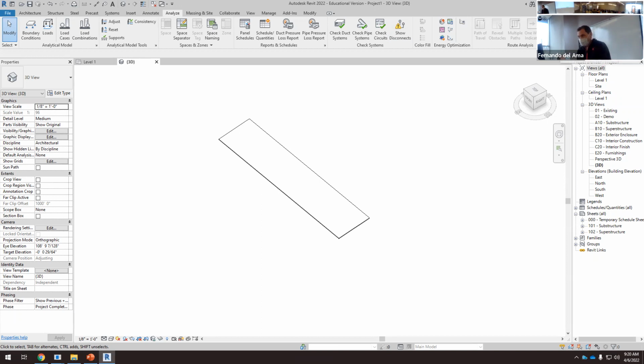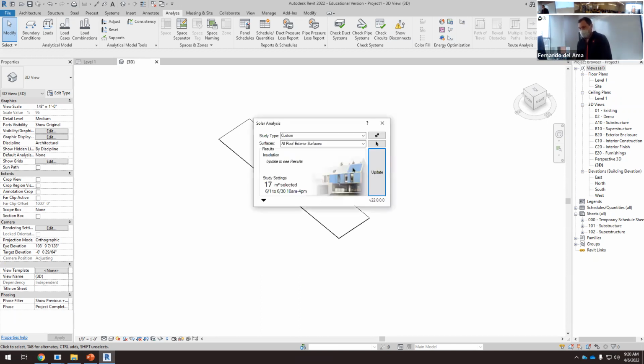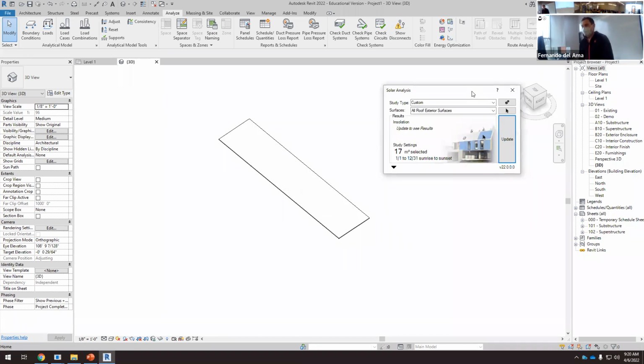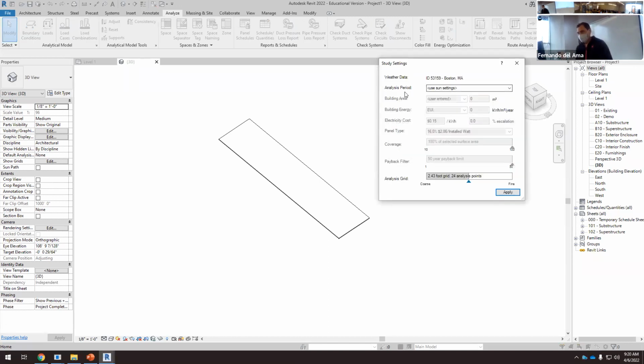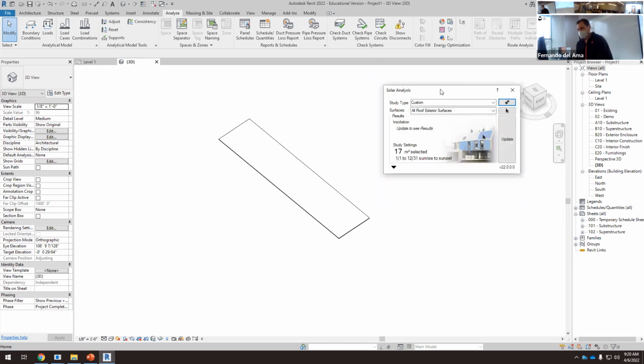Okay, so we are going to click this solar, and here you see that we have different options. So the study type is solar energy, annual PV. Well, I would say custom, because probably we're doing something different. Here we have different options. We have to use sun settings. That's important. We have to use sun settings, apply.